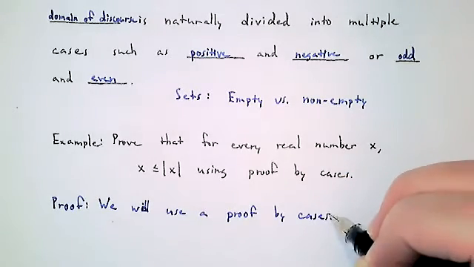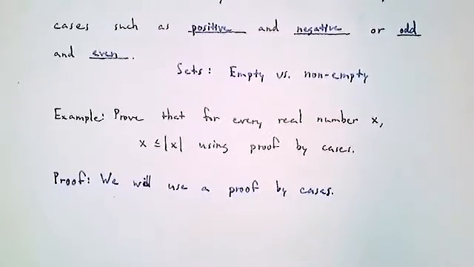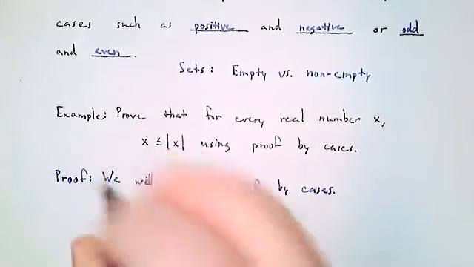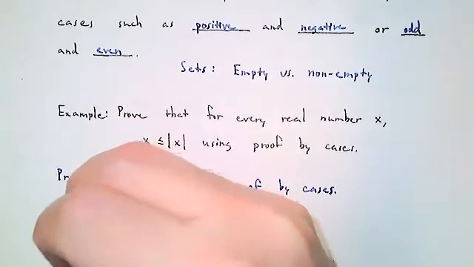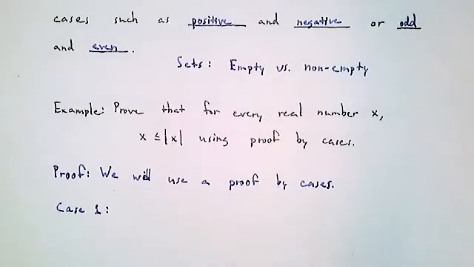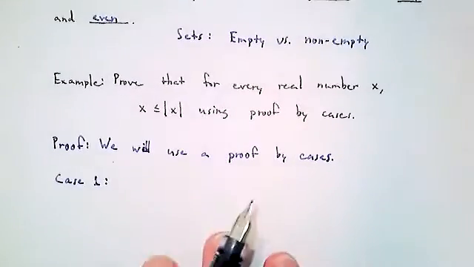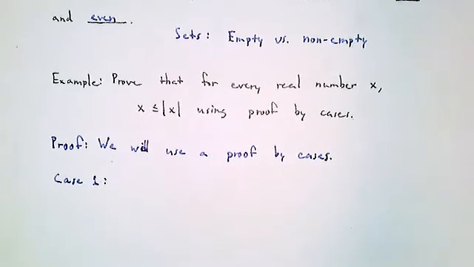And when I'm writing a proof by cases, I like to put essentially bullet points or headings. So I might come down to the next line and write case 1. And then I'll write whatever that case is. And then when I'm finished, I'll write case 2. And this just keeps things nice and organized for whoever's reading it.